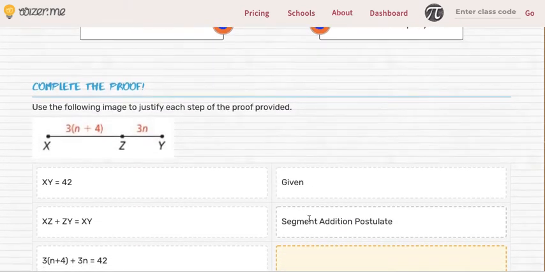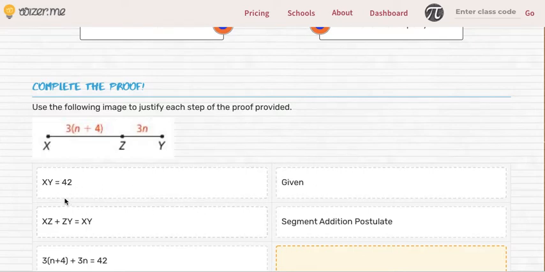And finally, we finished up with a little bit of a blast from the past, right? We talked about the segment addition postulate before. Remember that it was when we have two segments, we can add them together to create a bigger segment. So, if we're given this picture, we're not given what XY equals, but in our reasoning statements, it is given that XY equals 42.